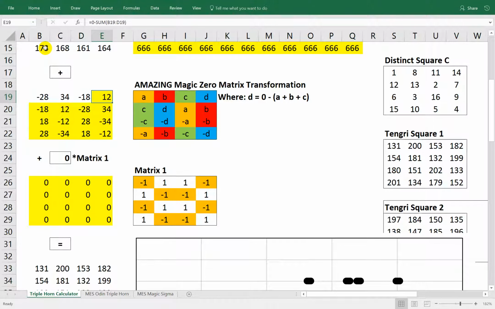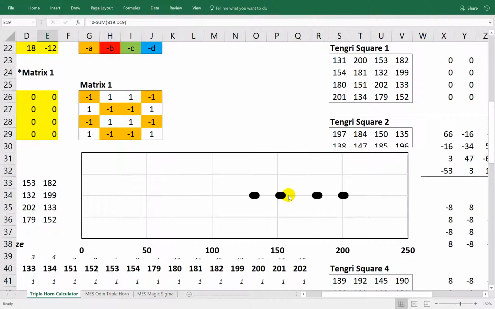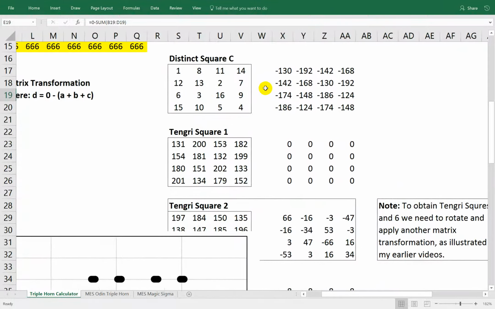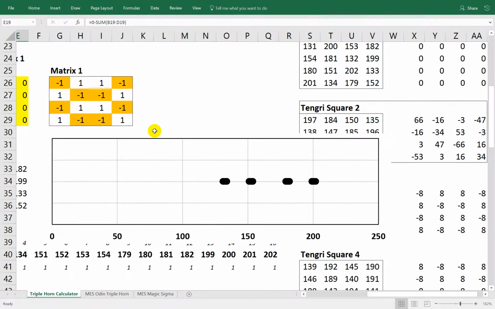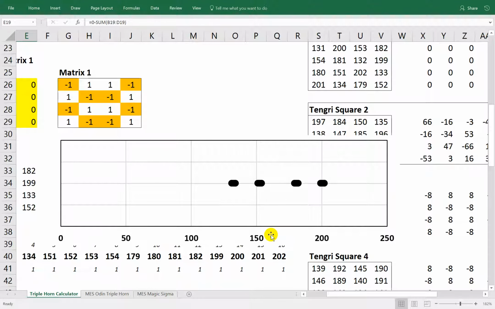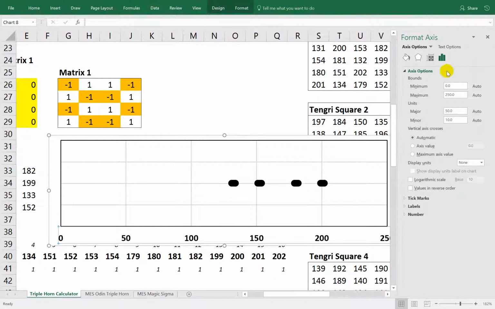Add this matrix, and notice the pattern. You get this one right here, and notice how this is split up into 4s. That's Tengri square 1, and this is the exact same square. In this part here, we could change this format axis just because it's automatic. Let's change this to make it a bit easier to see.